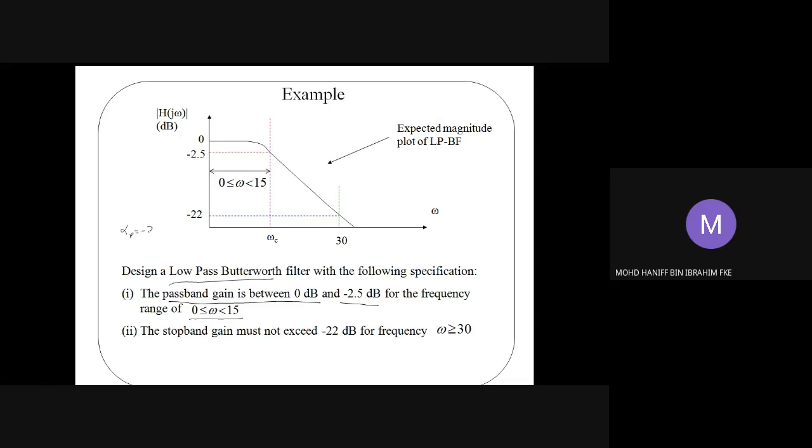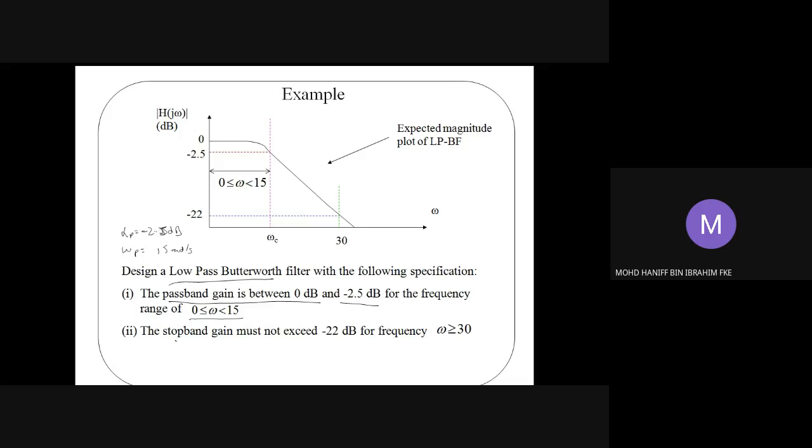which means that the passband gain is between 0 and negative 2.5 dB, which means that our alpha P is negative 2.5 dB. Sorry for this interruption, need to rewrite again. So alpha P is negative 2.5 dB, and the omega P, based on this information, should be 15 radian per second.